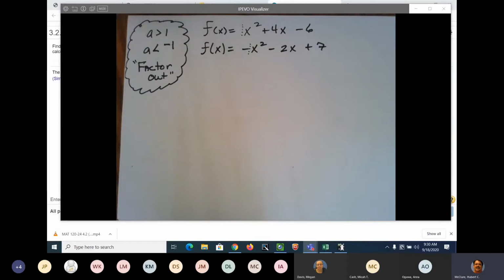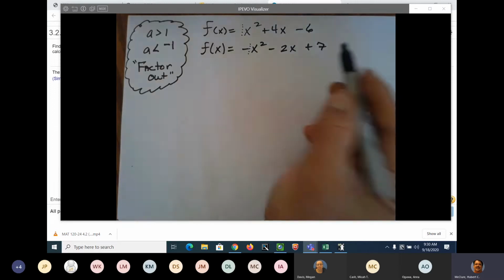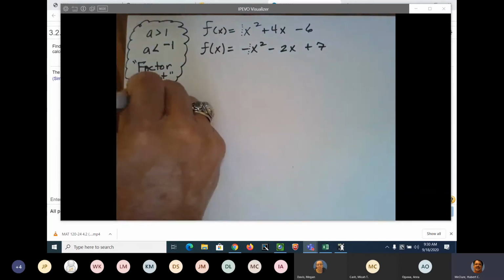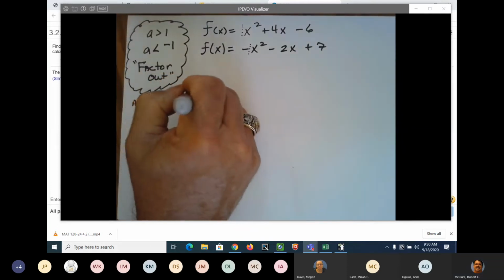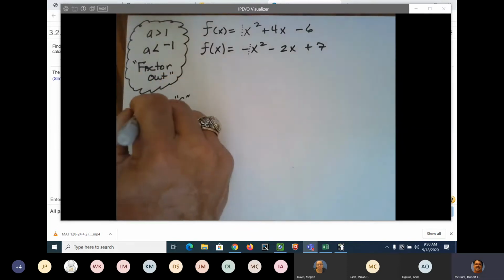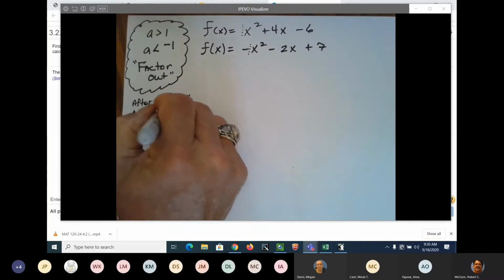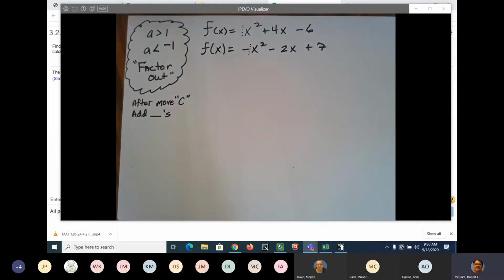Now, when do you do it? Well, you do it after you move c and add the blanks. That's when you factor out whatever you need to factor out.